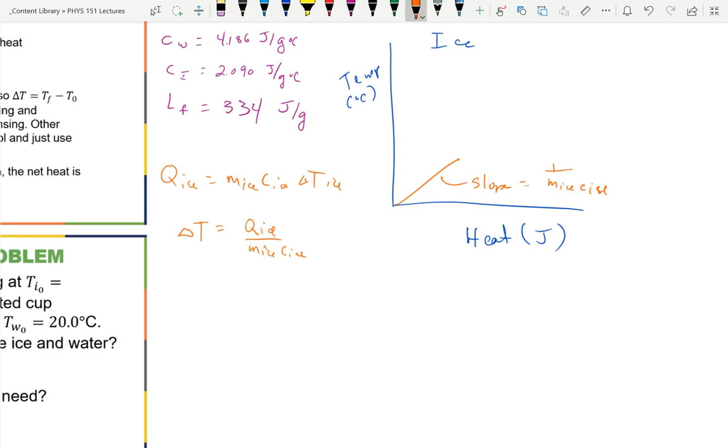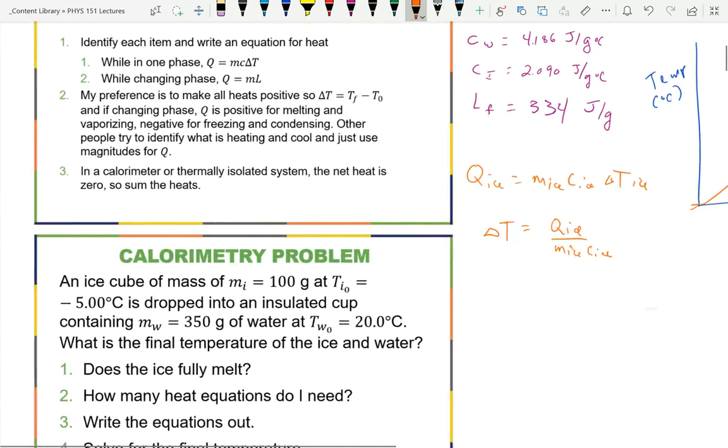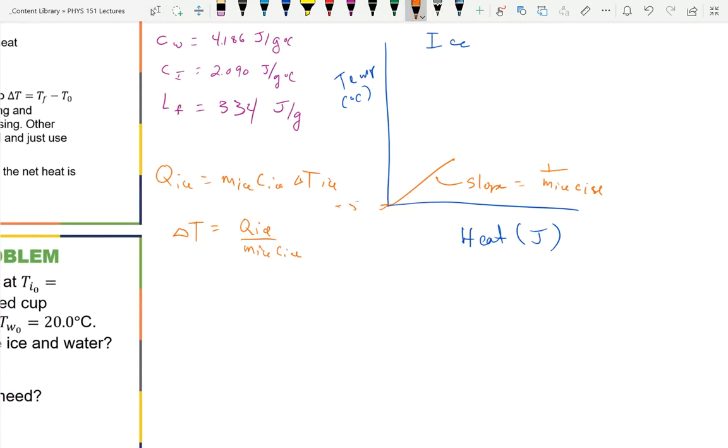And how far can that go? From my starting temperature, of course, for ice, the starting temperature was -5. What's the maximum temperature for the ice at 1 atmosphere pressure? 0. So that stops when you get to 0. Then what happens when you get to a temperature of 0 is you continue to put heat in.